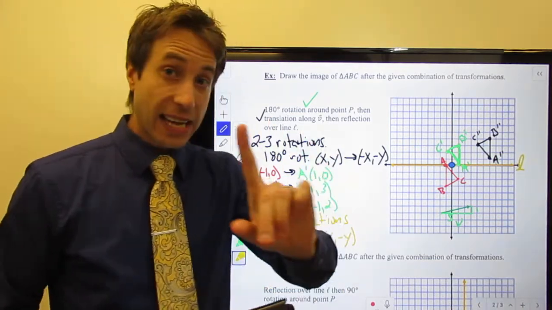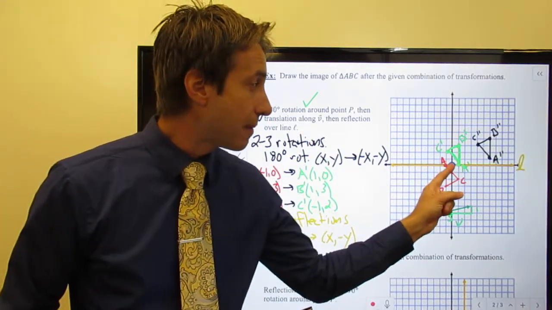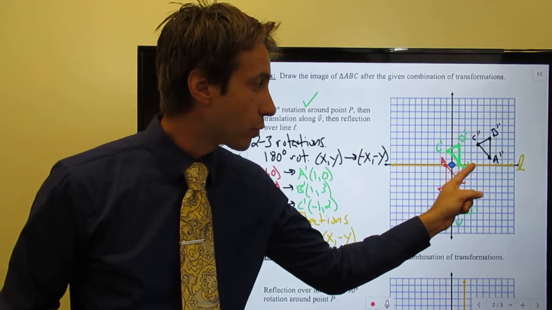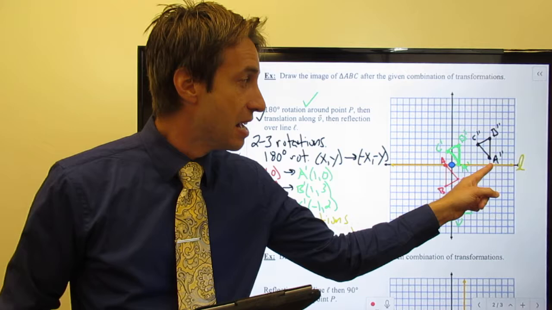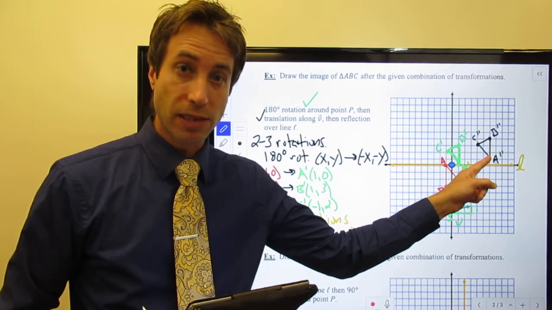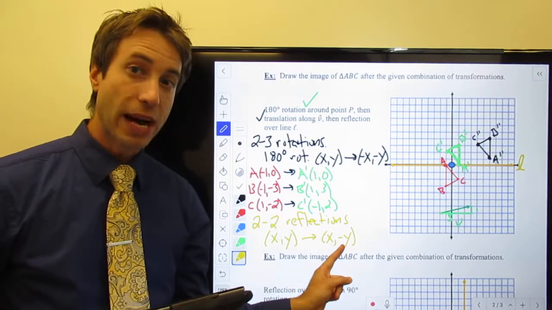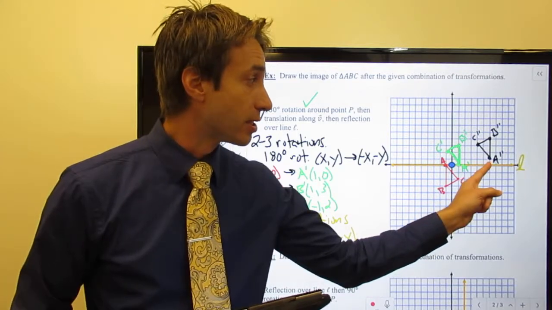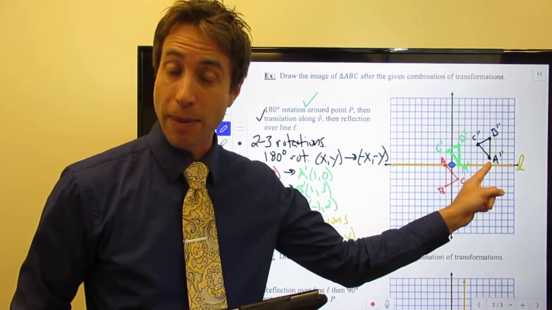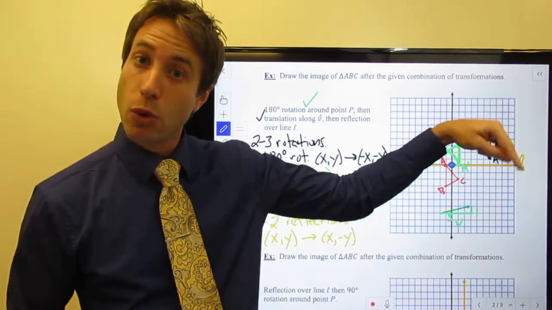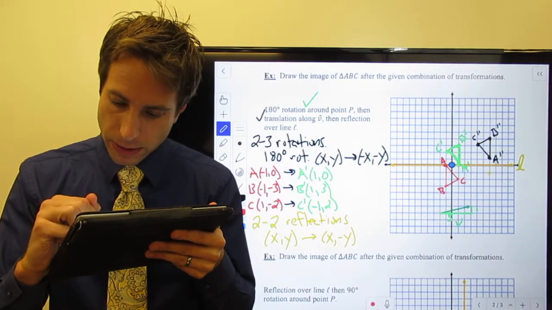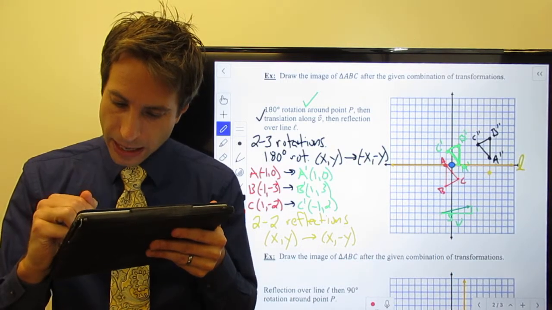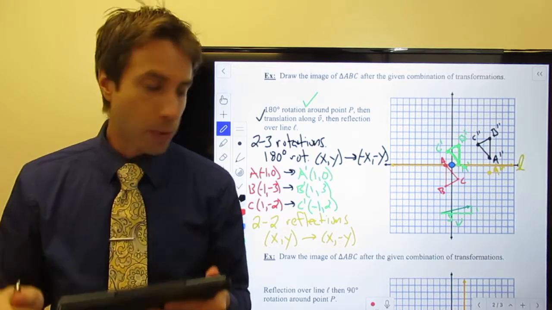So right now the x stays the same, right? So A is at 1, 2, 3, 4, 5, 6. That stays the same. Then A double prime is at a positive 1. But I need to make the y negative. So I'll go to 6. A triple prime, instead of being at a positive 1, will be at a negative 1. Just make the y value negative. So, right there. That'll be A triple prime.